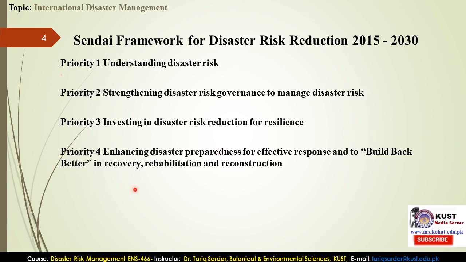Last but not least was the priority about enhancing disaster preparedness for effective response and to build back better. Build back better was the aim and objective in priority 4, in the aspects of recovery, rehabilitation, and reconstruction.